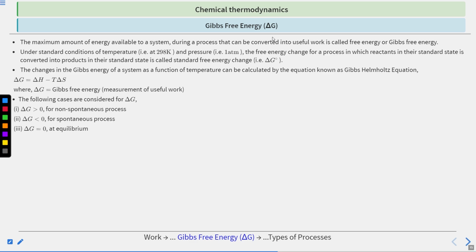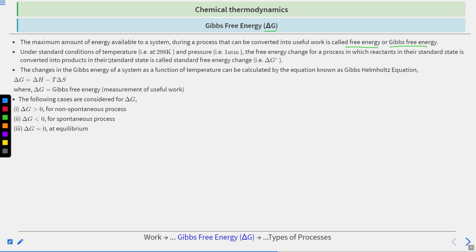So Gibbs free energy is represented by delta G. The maximum amount of energy available to a system during a process that can be converted into useful work is called free energy or Gibbs free energy.